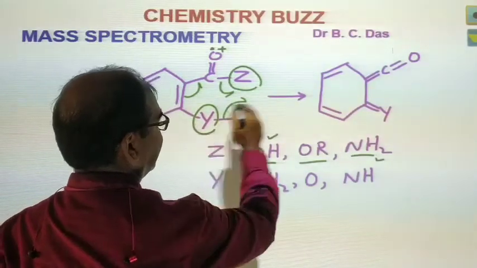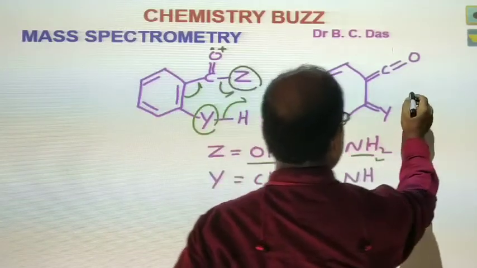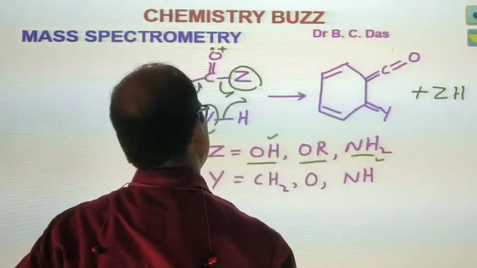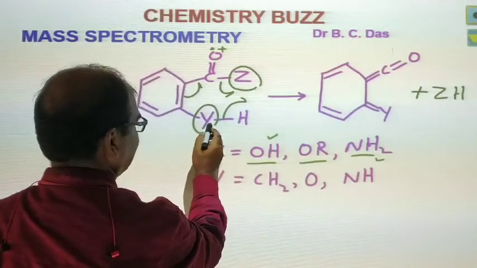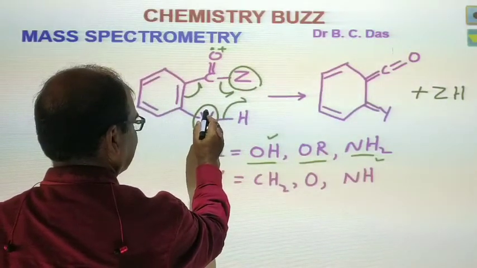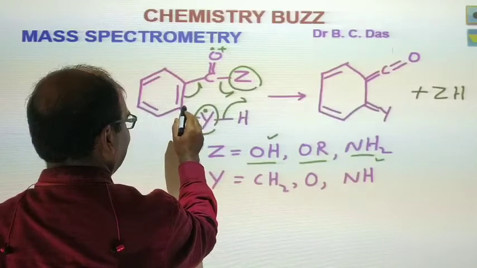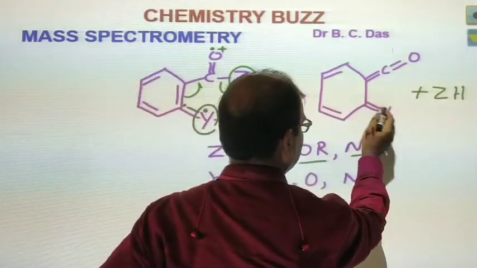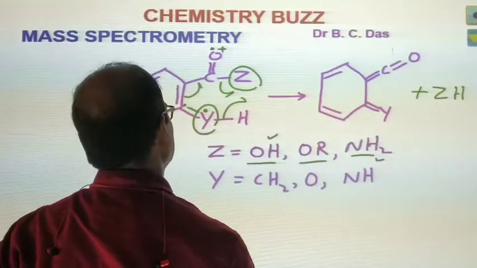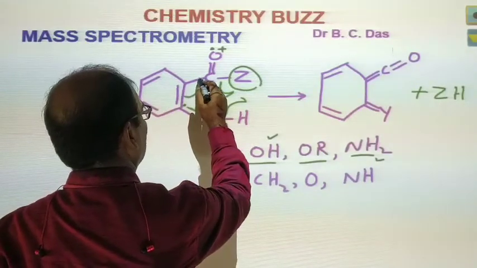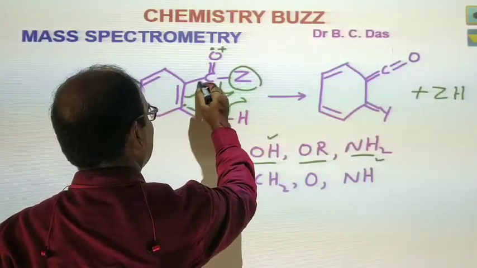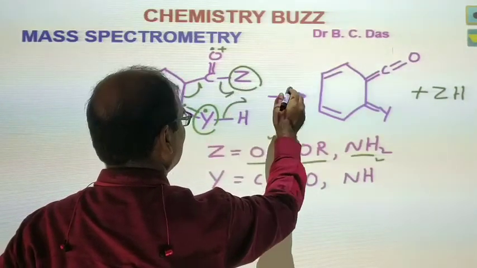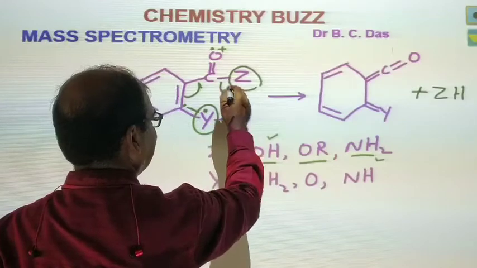So ZH will be formed, and you see the single electron on Y and here is one electron, so a double bond will be formed here. This is a Y double bond, and one electron moves to here, and this Z moves away with a single electron.